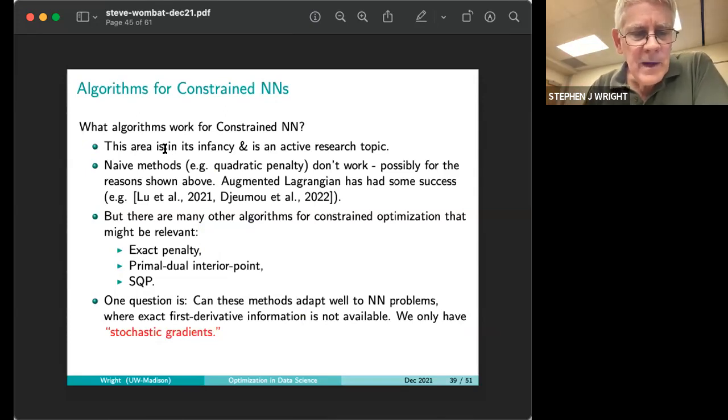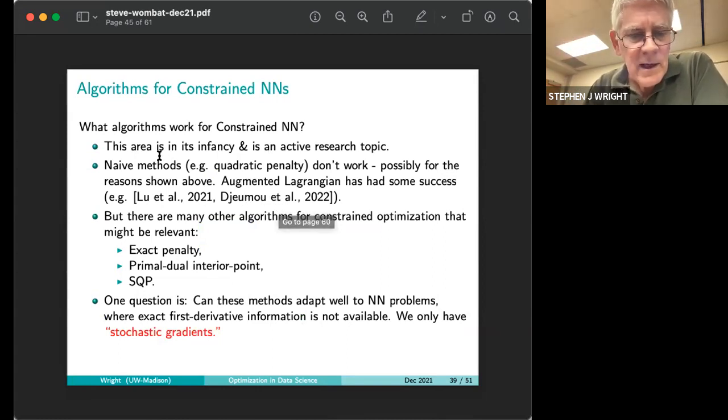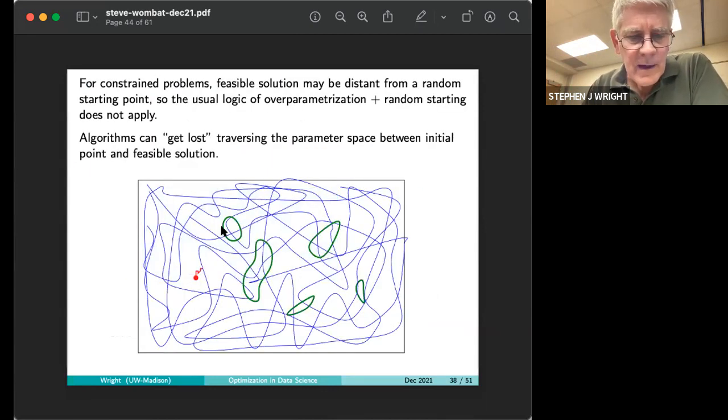And one thing that's been found so far, very, very recent work, this is 2021, and just in the last few weeks, they found that augmented Lagrangian actually seems to do a pretty good job at helping them find feasible solutions. Another question that I've asked them to try out, they haven't got back to me yet, is what if you use an algorithm that doesn't pick any old random starting point, but insists on getting feasible first?